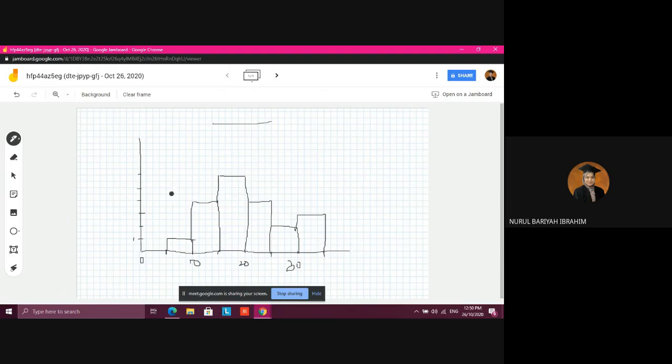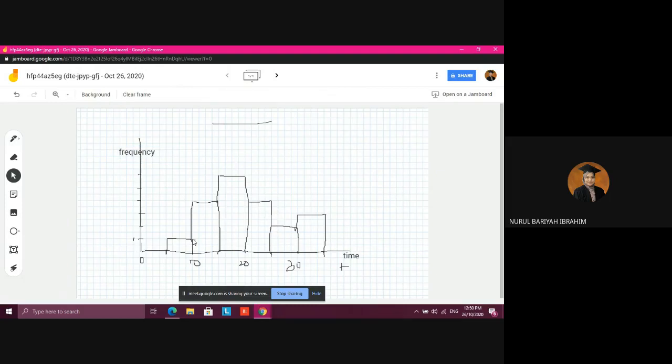Okay, so make sure labelkan you punya ni x-axis dan y-axis. X-axis adalah time. So, I think ini kita boleh type. Okay, time. And y-axis adalah frequency. Okay, so this is the histogram.